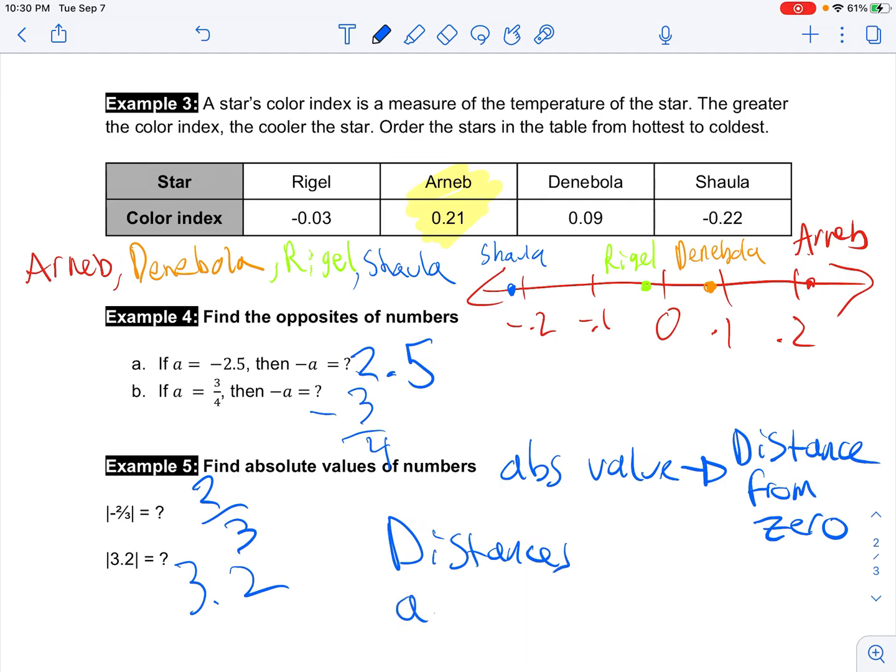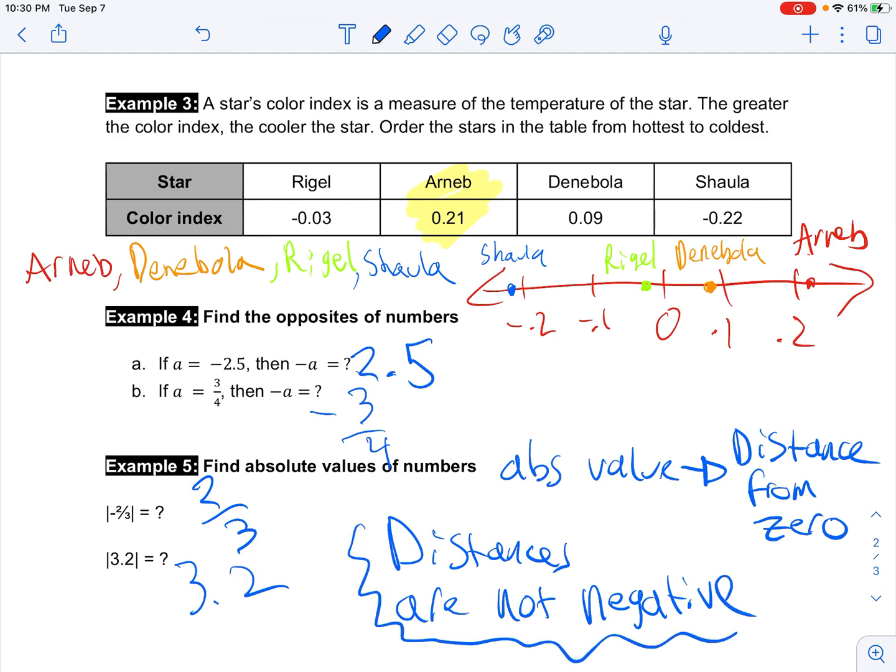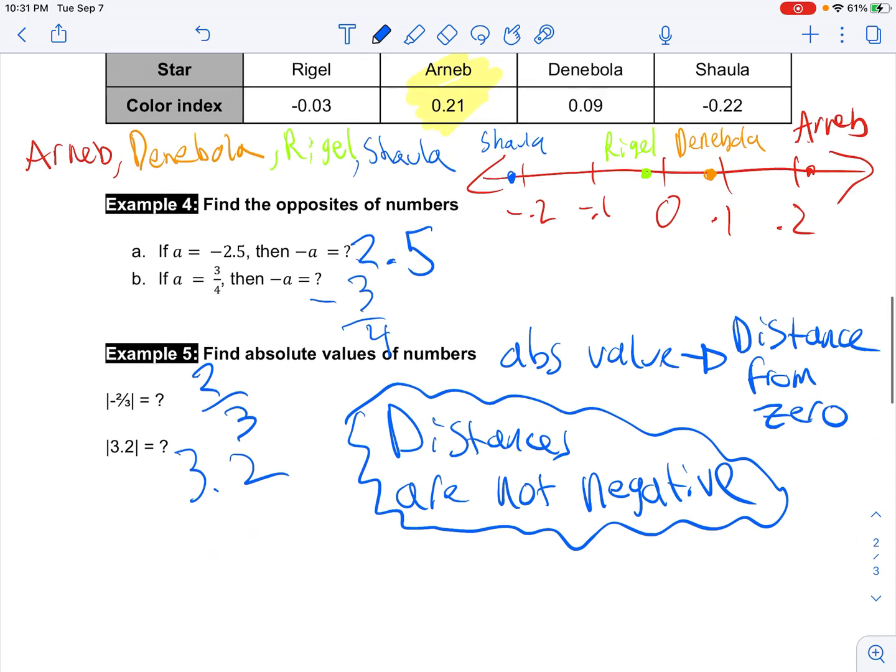Distances are not negative. You cannot have a negative distance for right now. That's where absolute value comes in handy, if we're looking at distances and we're traveling east or west. It's not positive or negative, it's still traveling a distance.